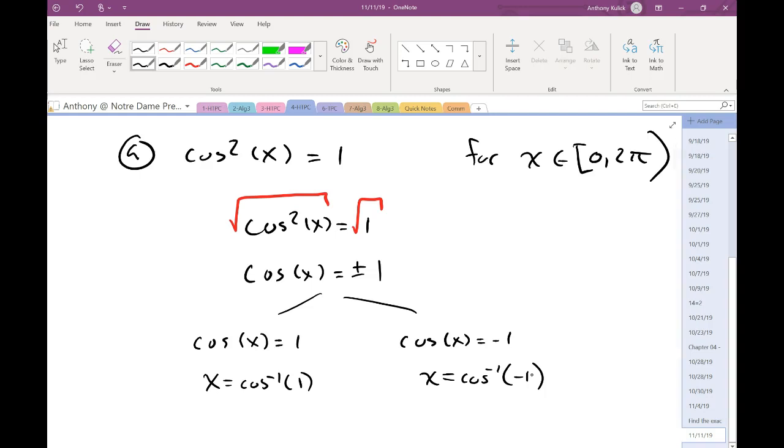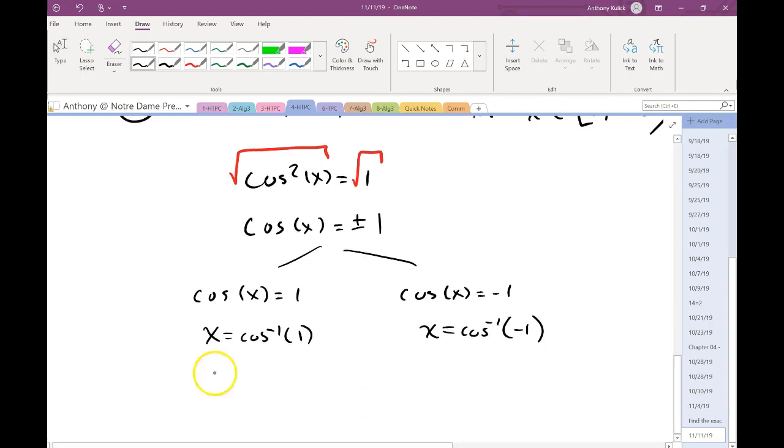I go to the unit circle. Specifically, what am I looking for, cosine inverse of 1? The place where the x-coordinate is 1. Everybody agree with that? That happens at exactly one location, at 0 radians. There's not a second value where that happens.